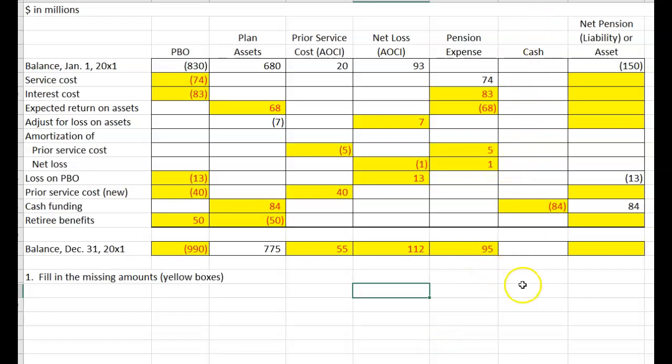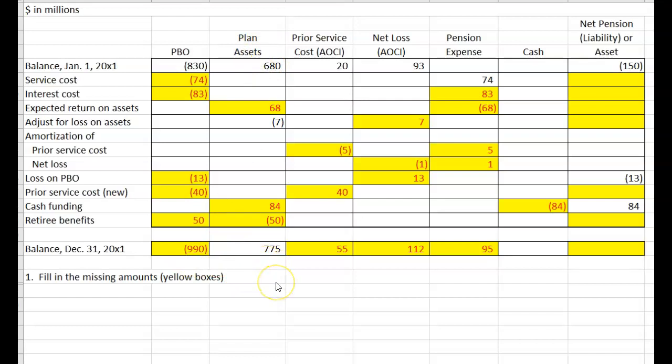We're not going to bother to add up the cash column because there are tons of company cash transactions that do not affect the pension plan. So we will fill in the yellow boxes for the net pension liability or asset. On the company's balance sheet, we do not state the liability for the PBO and the plan asset debit balance separately.